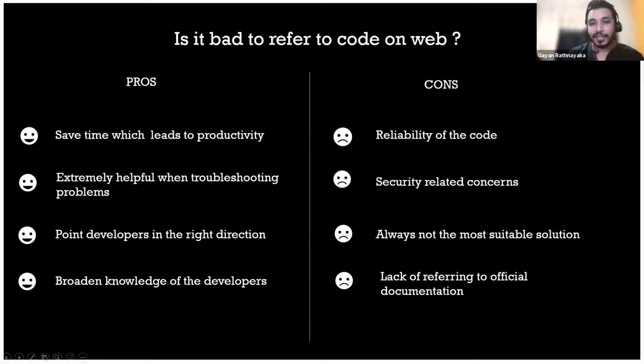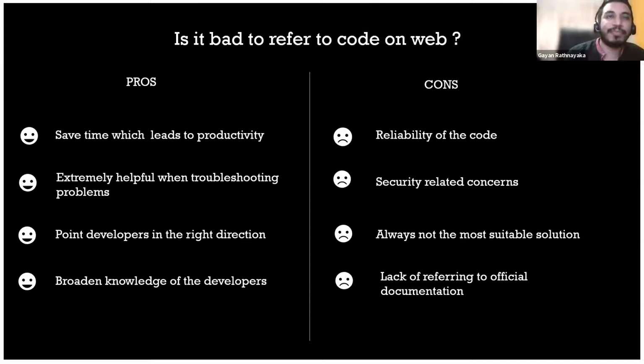And the last con I see, and I think it's very important, is the lack of referring to official documentation. I think most people go to the documentation as the last resort, right? First, you search for your problem or for an answer in Stack Overflow, Microsoft, then other sites, Quora maybe, and only as the last resort do you go to the official documentation.